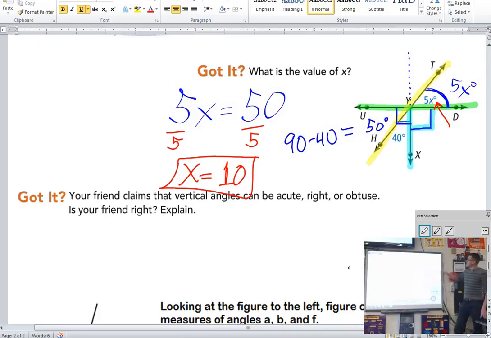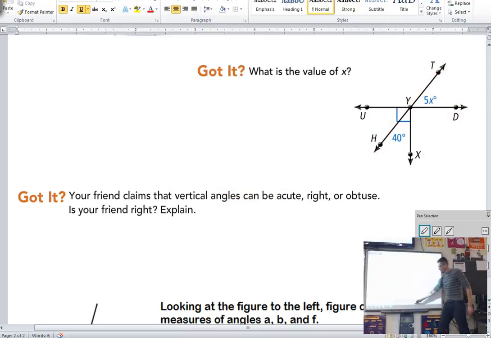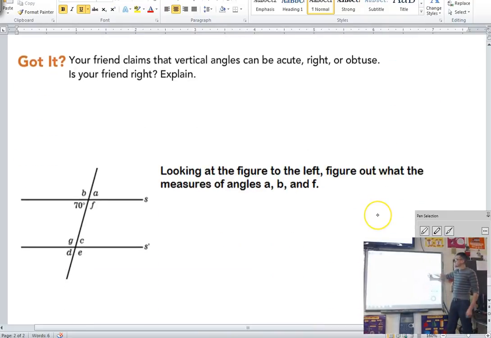So if your friend is right, we should be able to draw examples of acute vertical angles, right vertical angles, and obtuse vertical angles. And actually, if you're real crafty, you'll only have to draw two different images here.